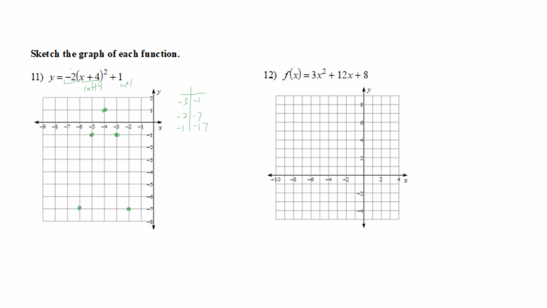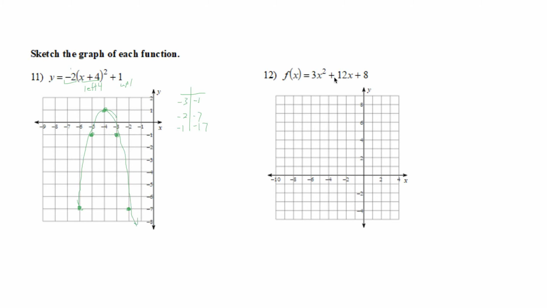Sometimes I have a rough time with graphing these on here, so let's give it a try. Yep. Could have been a little bit better, but you get the idea of what that should look like.